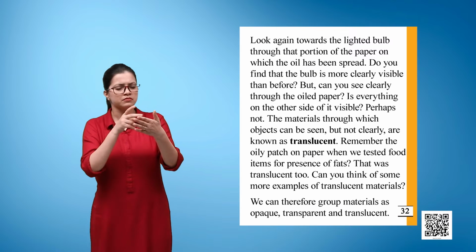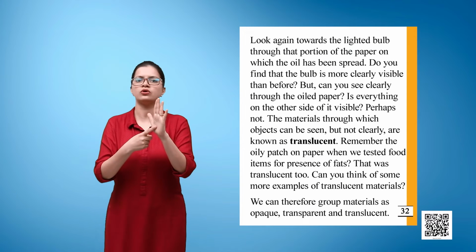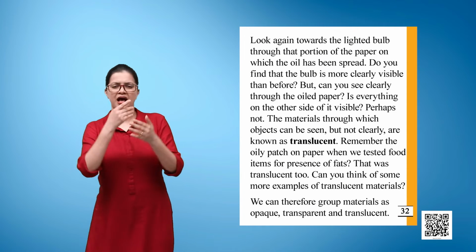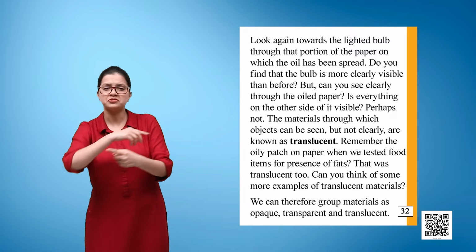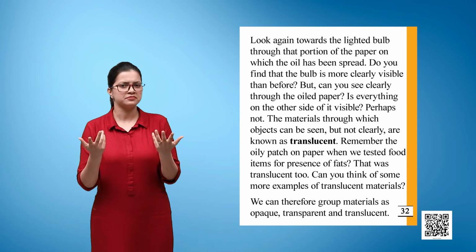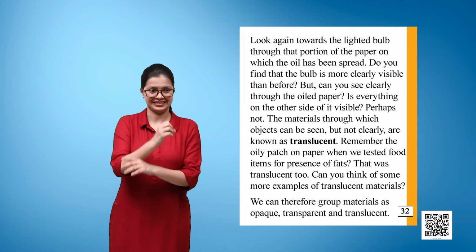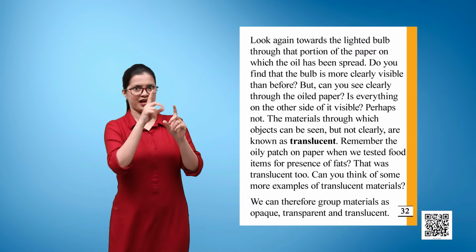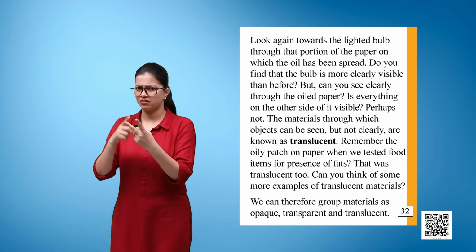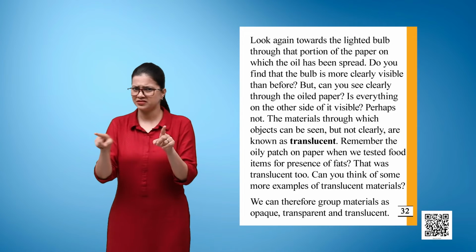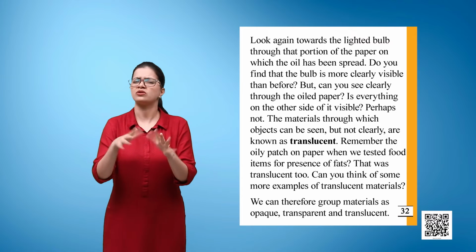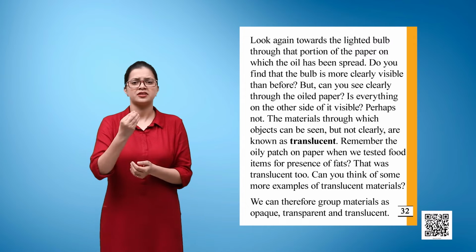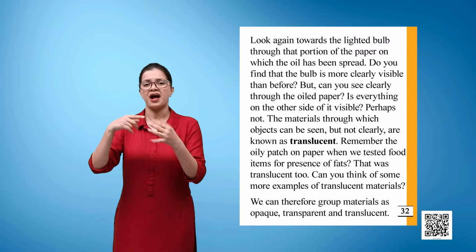Page 32. Look again towards the lighted bulb through that portion of the paper on which the oil has been spread. Do you find that the bulb is more clearly visible than before? But can you see clearly through the oiled paper?